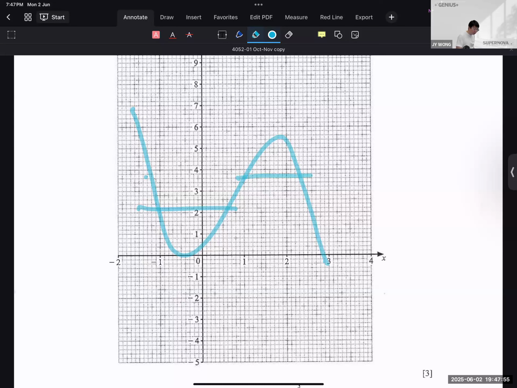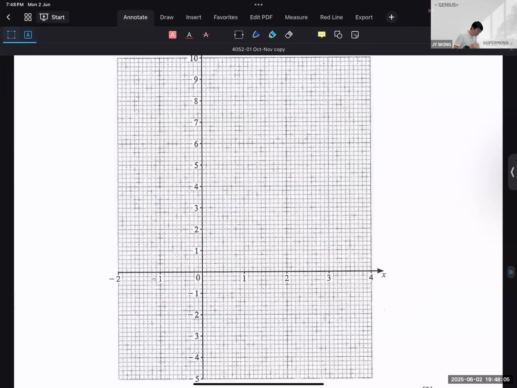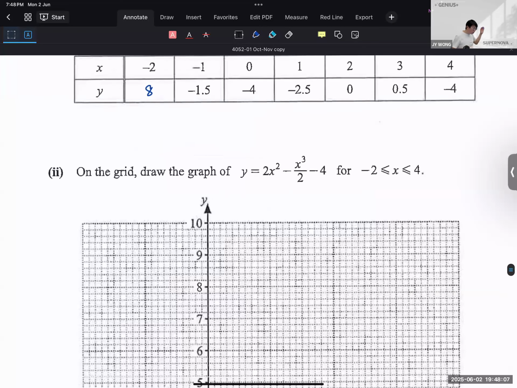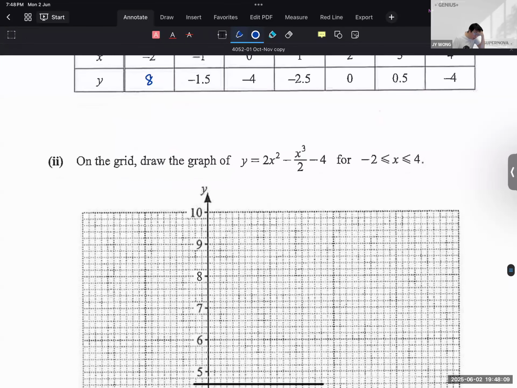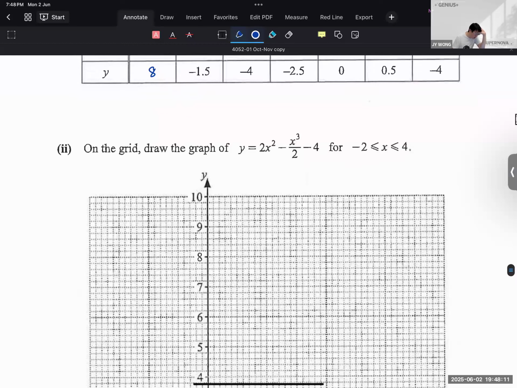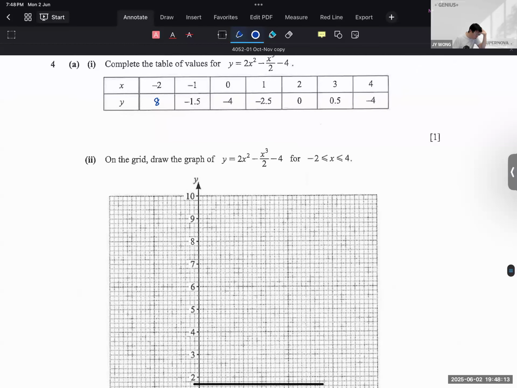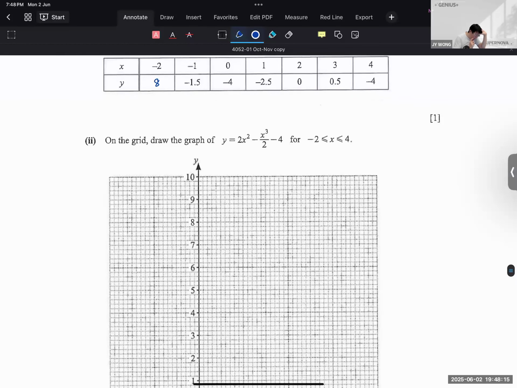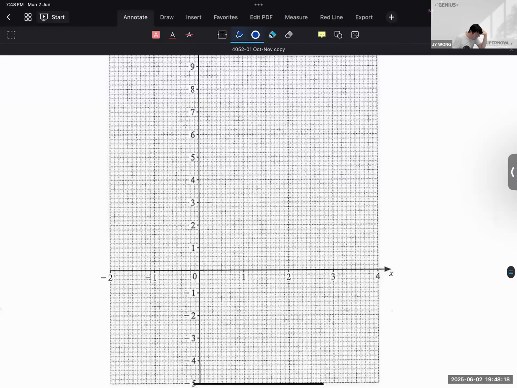Can you see that this is your quadratic component? If I only look at this part, you realize it's a quadratic, right? That's where the quadratic component comes into play in your cubic graph. You don't actually completely need to know all that, because you can just plot and join the points. Please make sure you plot and join the points correctly.